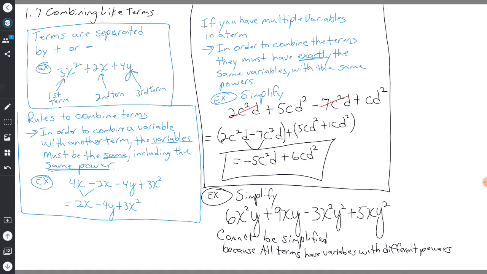So is that how you would write the answer?